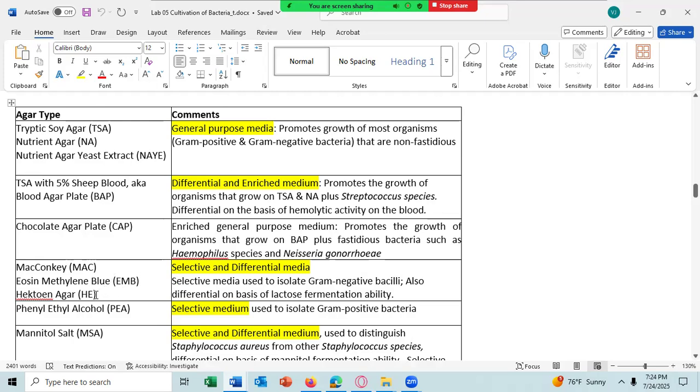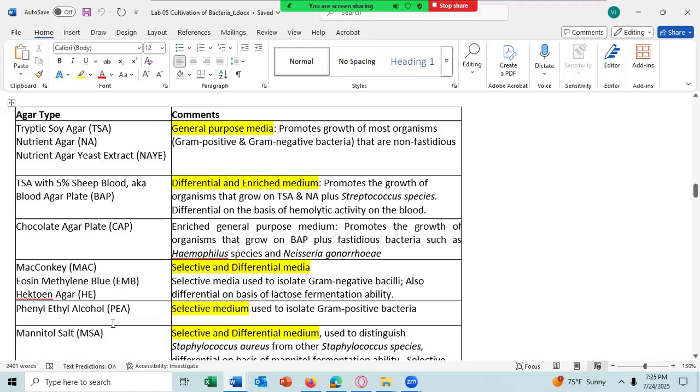Hektoen enteric agar, if it can ferment the sugar lactose, it will be salmon colored, I believe, a yellow-orange color. And if it cannot ferment the sugar lactose, it will be the bacteria's normal color, which could be off-white, white, or some pigmentation.